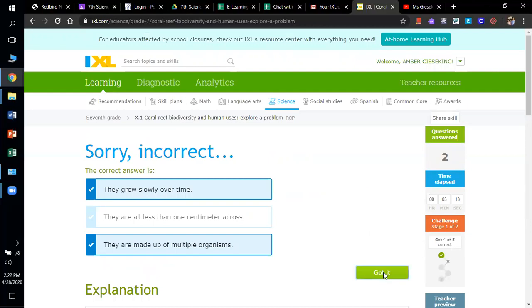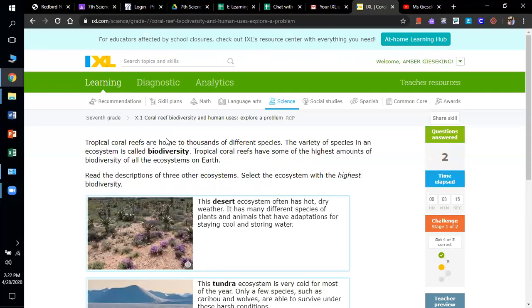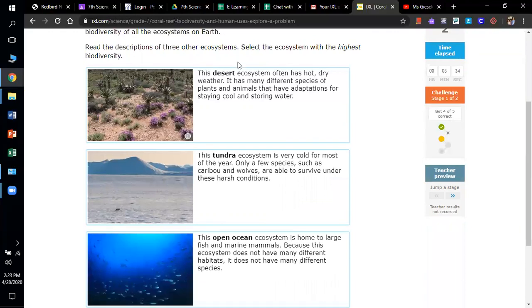All right, whoops. Tropical coral reefs are home to thousands of different species. The variety of species in an ecosystem is called biodiversity. Tropical coral reefs have some of the highest amounts of biodiversity of all ecosystems on Earth. Read the description of these 3 other ecosystems. Select the ecosystem with the highest biodiversity. The desert ecosystem often has hot, dry weather.